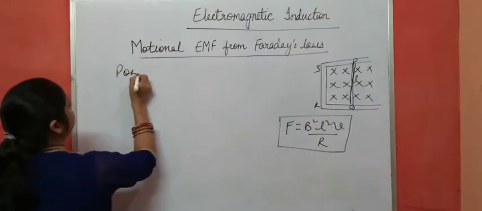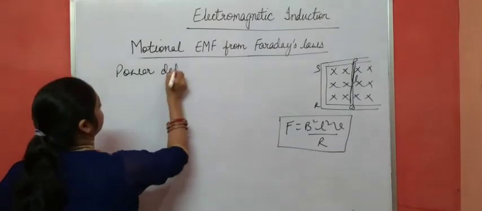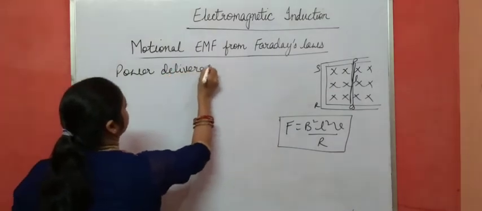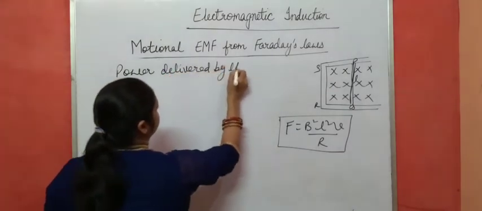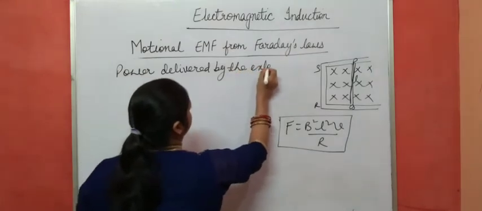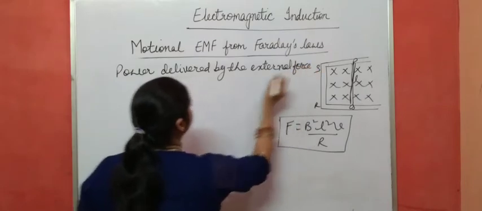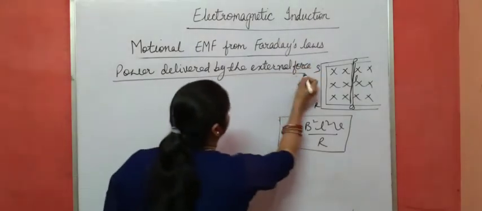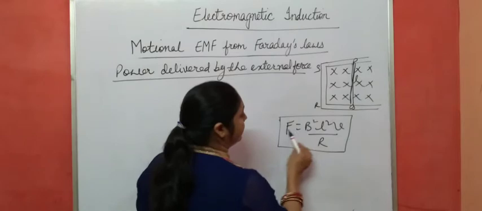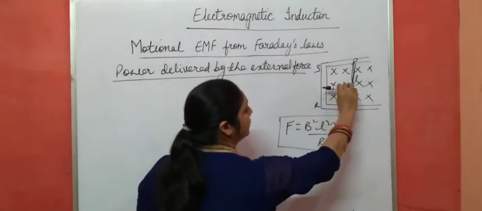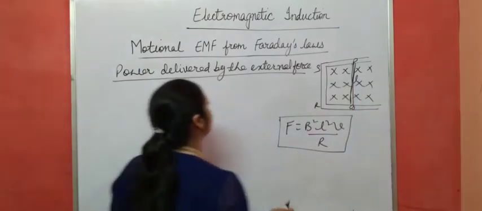That external force is due to the induced current. How much power is delivered by this force to maintain the motion of this conductor?